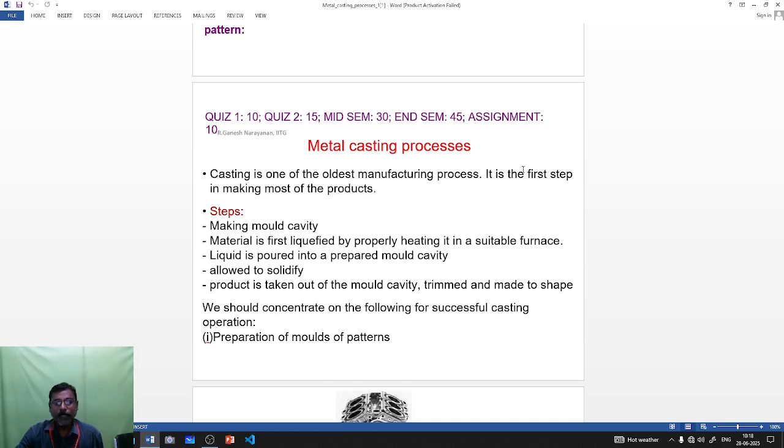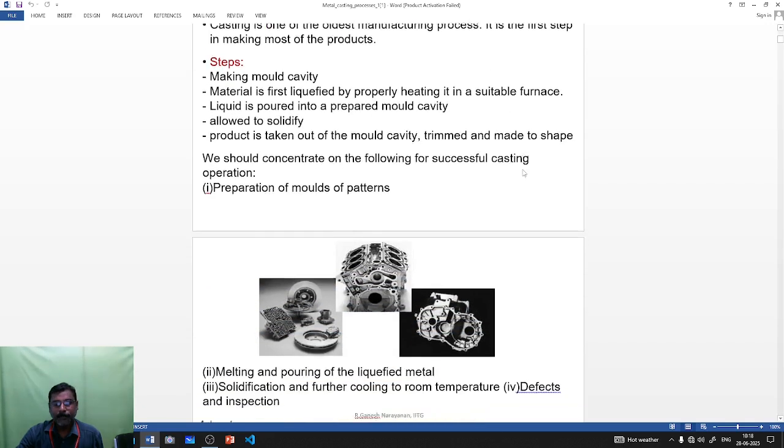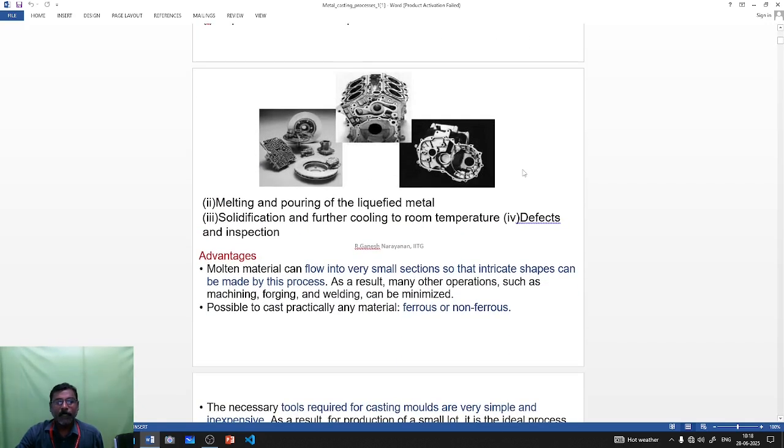We should be concerned with the following for successful casting operations: preparation of the mold and patterns, then melting and pouring of the liquefied metals, then solidification and further cooling to room temperature, then defects and inspection.